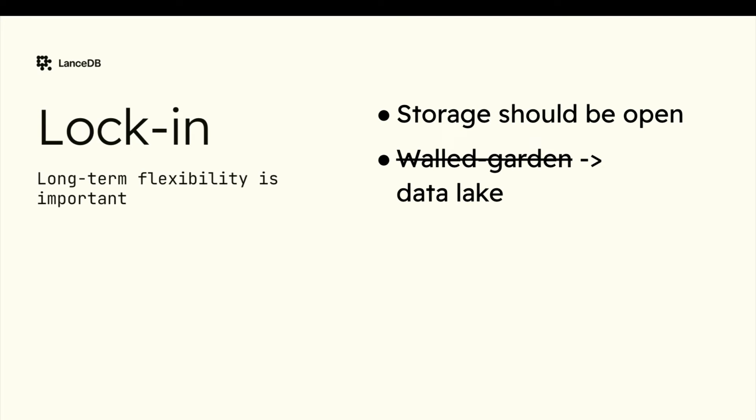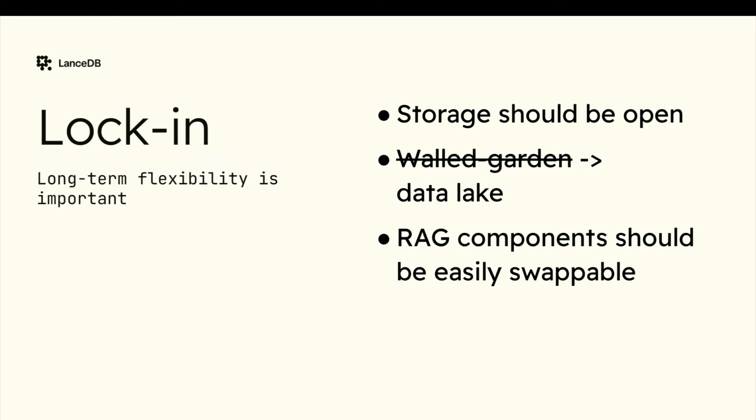And instead of having this walled garden, you want to not just have one workload that you can run on your vector data, right? It's not just searches, but the full text indexing, SQL, and if you're using your data for training, that's a whole separate set of compute that you're going to want to be able to run. RAG components, right, should easily be swappable.